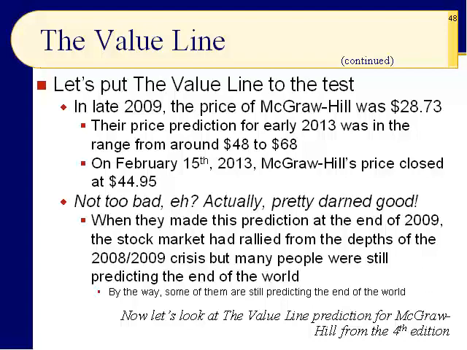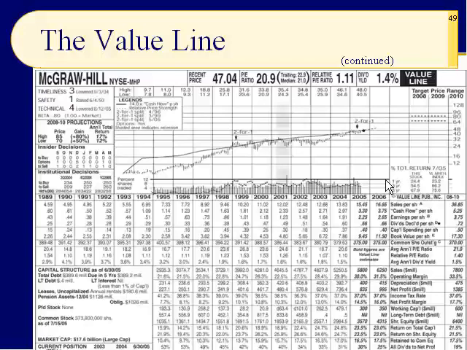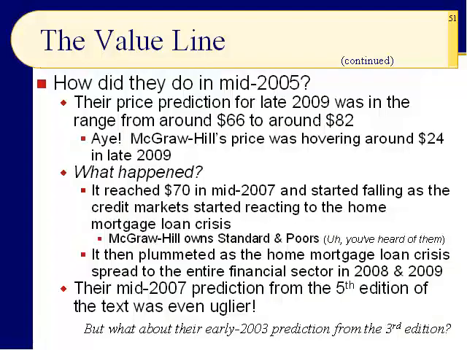Okay, let's take a look at the Value Line predictions from the 4th edition. So here we are in 2005, right? And they're saying it's $47? They're saying it's going to be anywhere from 64 to 80. How did they do from mid-2005?